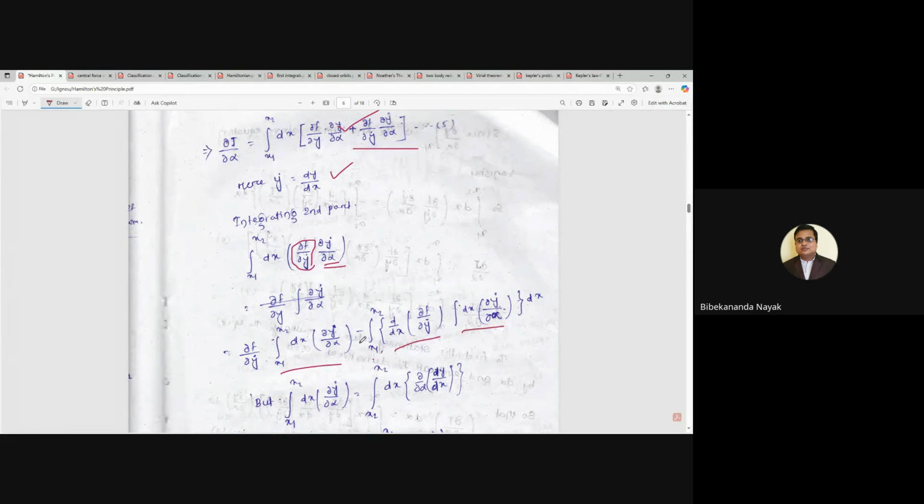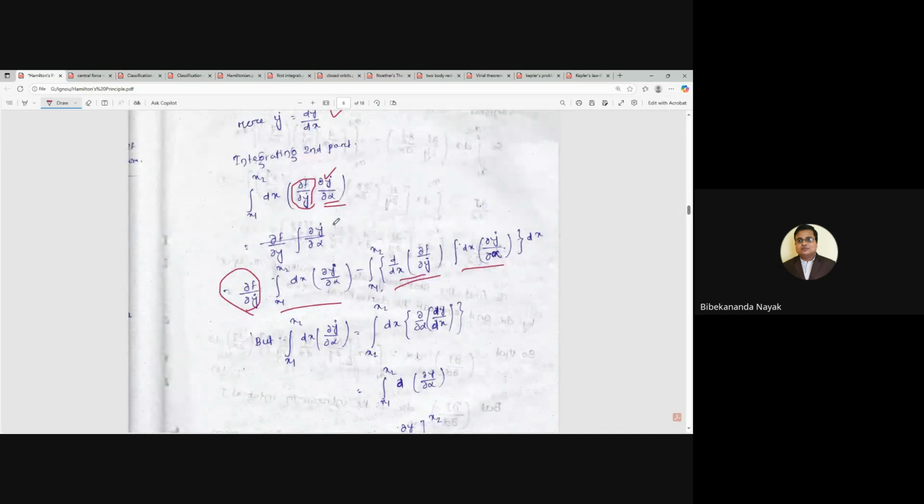So the first function is del f by del y dot, times the integration of the second. This one is the integration of the derivative of the first function times the integration of the second. This is the integration of dx del y dot by del alpha, but y dot is nothing but dy by dx.